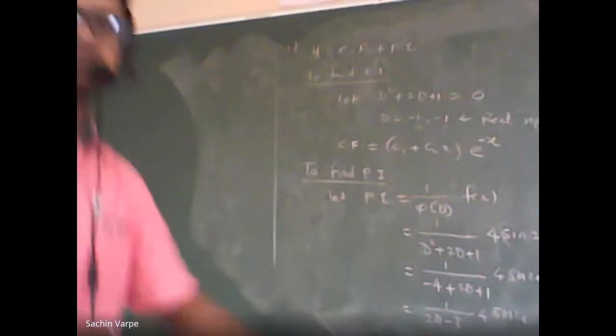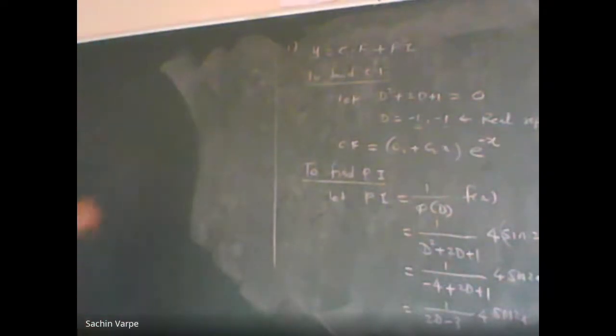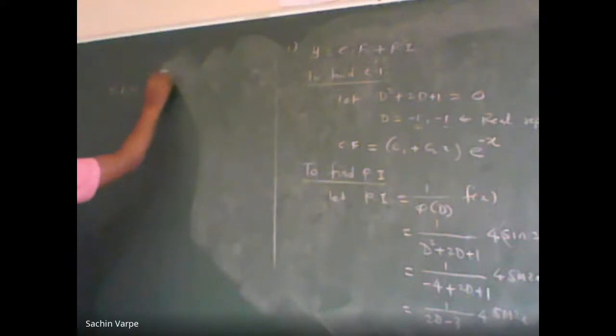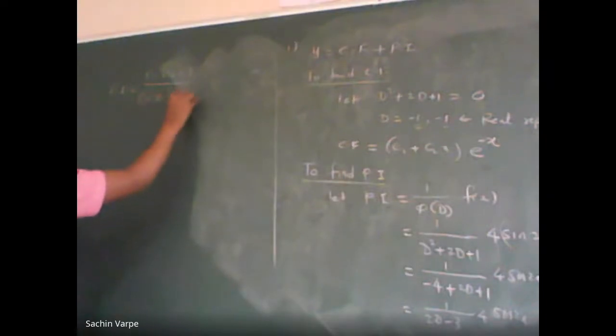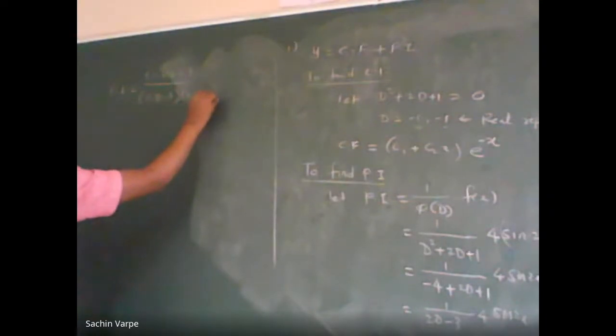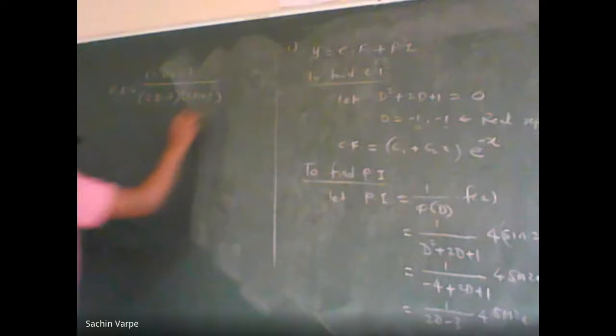By rationalizing the denominator, I can write PI equals 2D plus 3 upon 2D minus 3 into 2D plus 3, into 4 sine 2x. Please ask if any doubt.